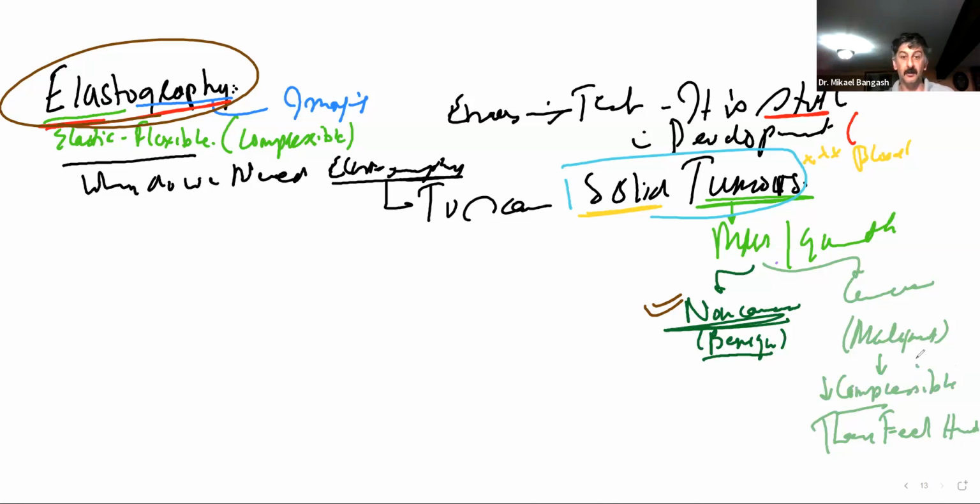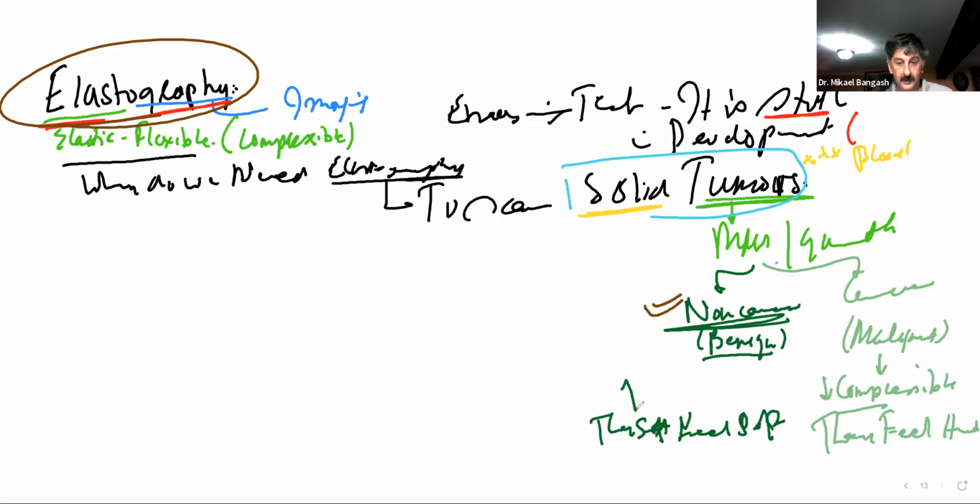Whereas generally speaking, girls, a benign or non-cancerous tumor is going to feel relatively soft. Why is that?